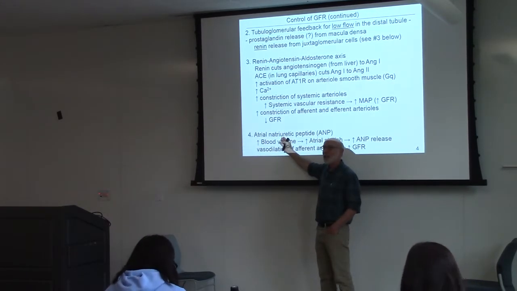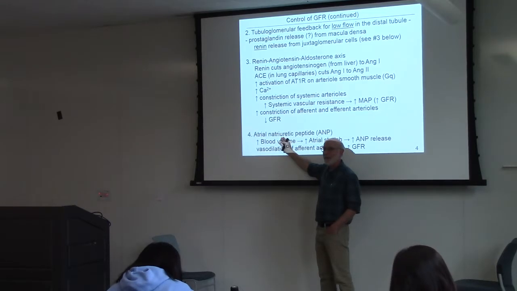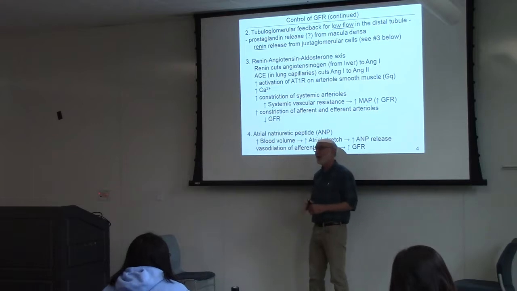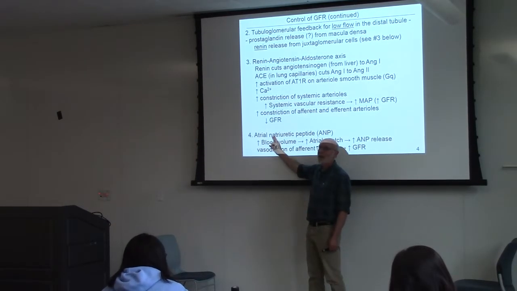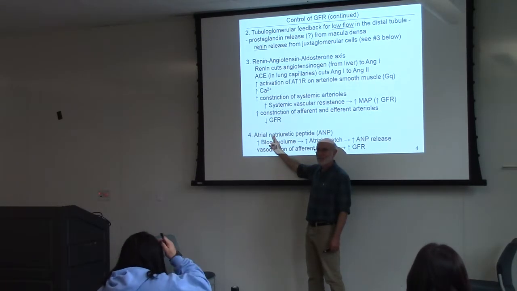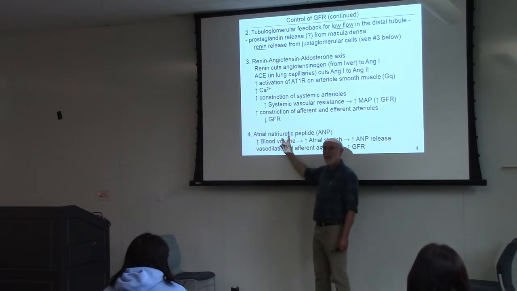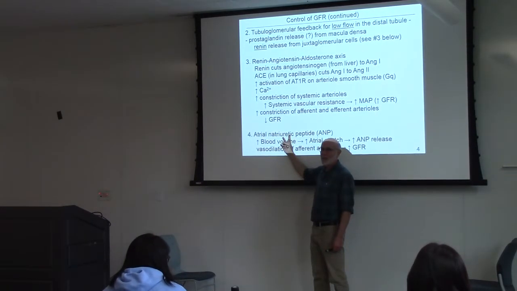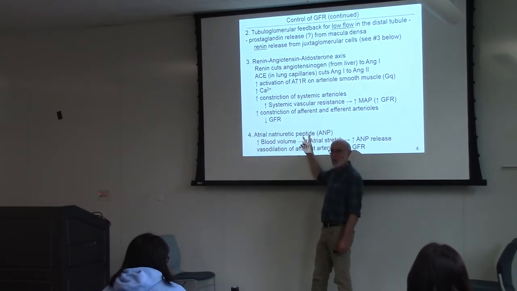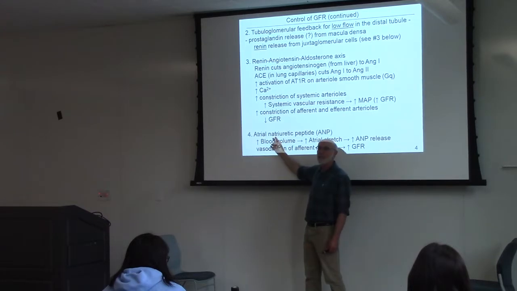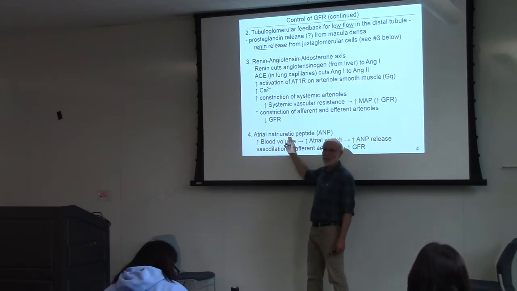What does natriuretic mean? Okay, I'll give you a hint. What ion are we thinking of? Sodium. Uretic. What does uretic mean? What is it referring to? Urine. So this is a peptide hormone that increases sodium excretion.